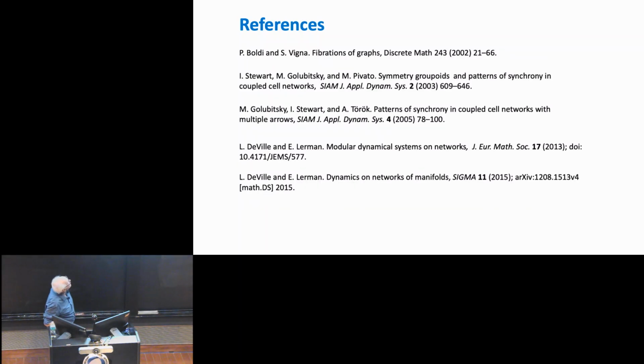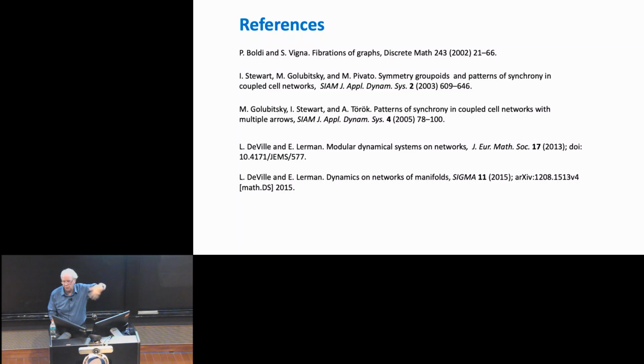And there's a repetition of the relevant references, and there are some more. Baldi and Wigner came up with a different way of thinking about this stuff in 2002, and DeVille and Lerman have done some work independently as well. And instead of balanced colorings, they work with graph vibrations, which are essentially, instead of the coloring giving you a quotient, you look at the map from the original network to the quotient given by identifying the colors, and that's a graph vibration.